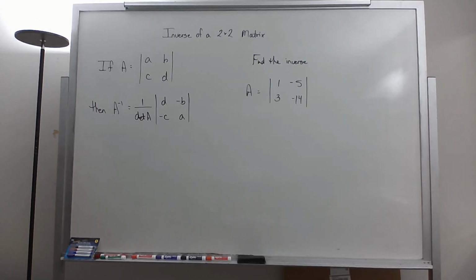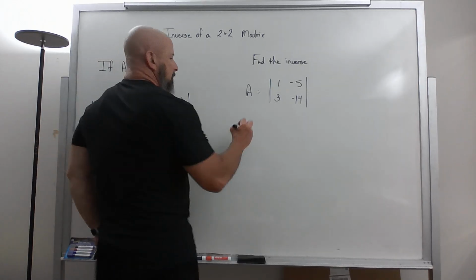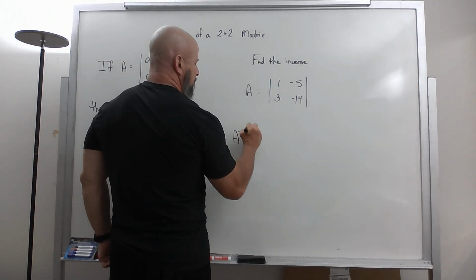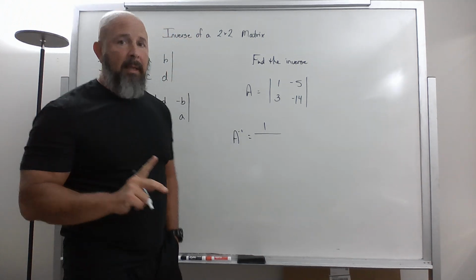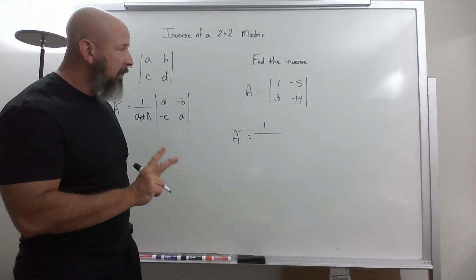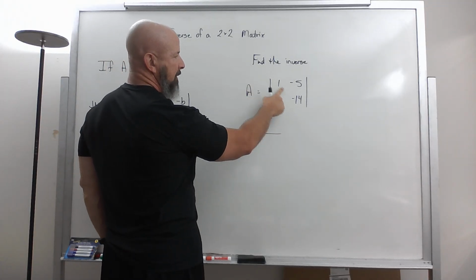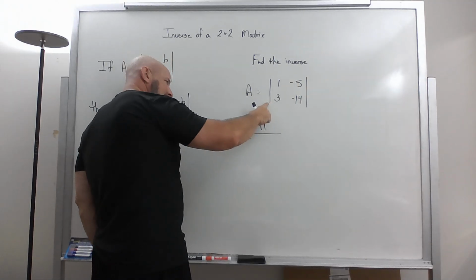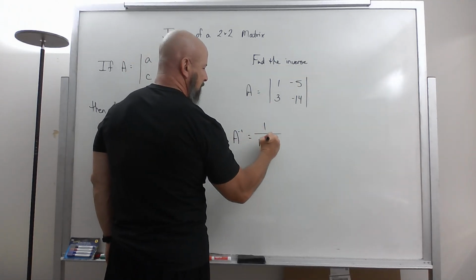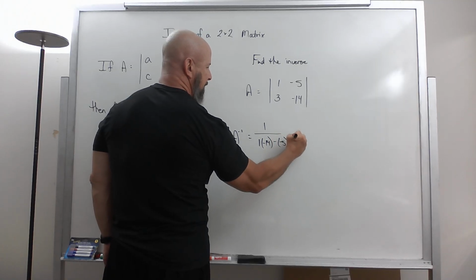So that's my original 2 by 2 matrix, A. I want to find A inverse. So A inverse would be 1 divided by the determinant of A. So the determinant value, we're going to go down. 1 times -14 minus, coming back, -5 times 3. So 1 times -14 minus -5 times 3.